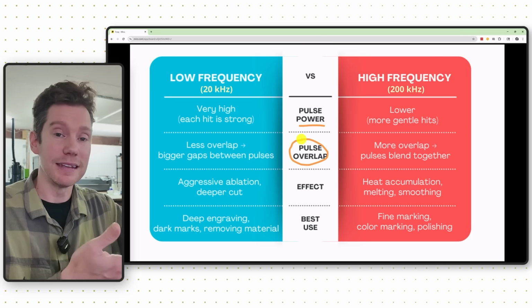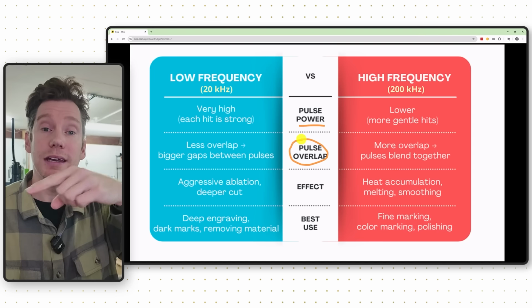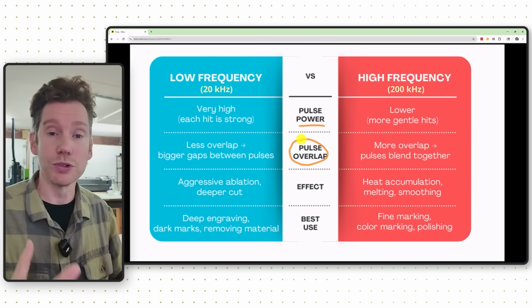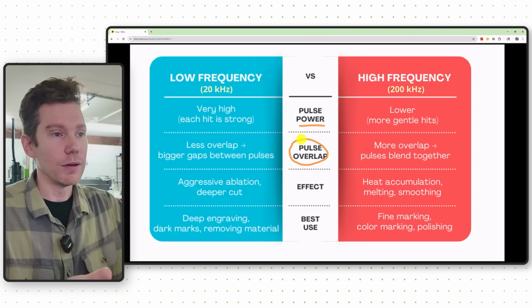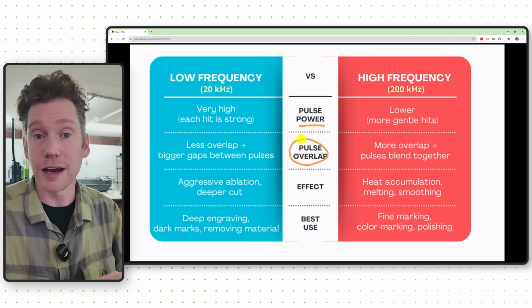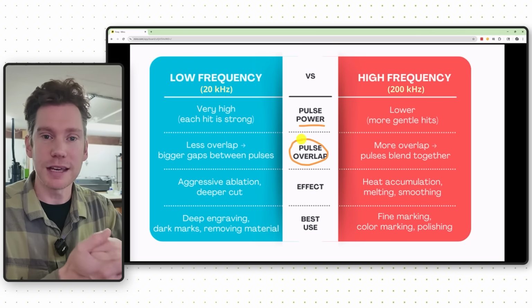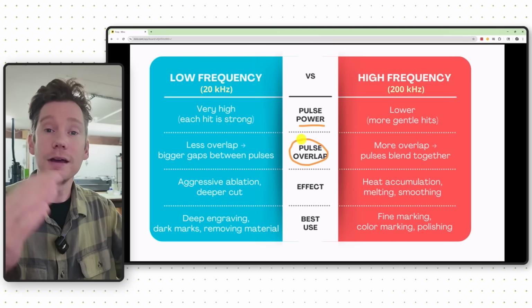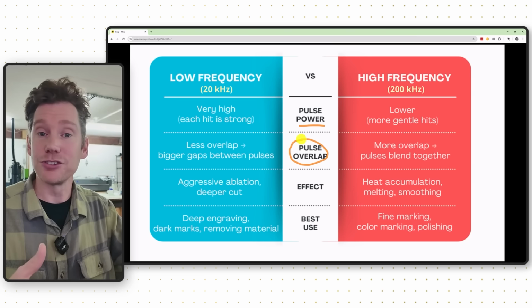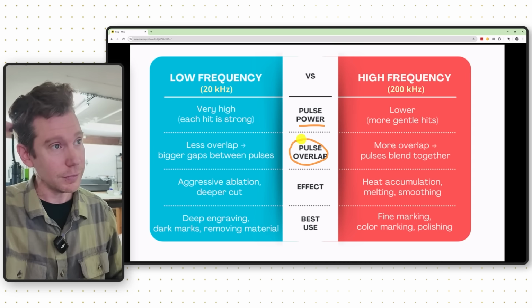And what happens is that gap between each of the pulses gives time for your material to cool down a little bit. So, when your material cools down a little bit, you get much more effective removal. So the next pulse comes in, blasts that material, it cools down. Next pulse comes in, blasts the material, and so on and so forth.